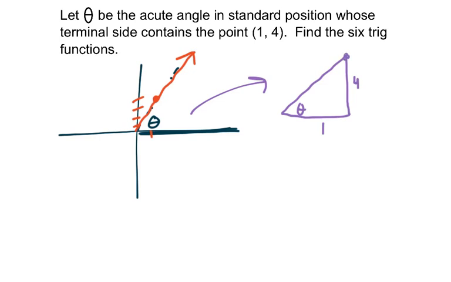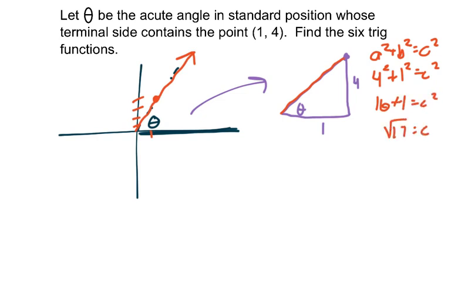So all we would need to do is use the Pythagorean theorem in order to get our hypotenuse, and we would be able to do all of the 6 trig functions. So if we say that a squared plus b squared equals c squared, a could be 4, b could be 1, and c is the hypotenuse we don't know. So 16 plus 1 means that the square root of 17 is our hypotenuse.